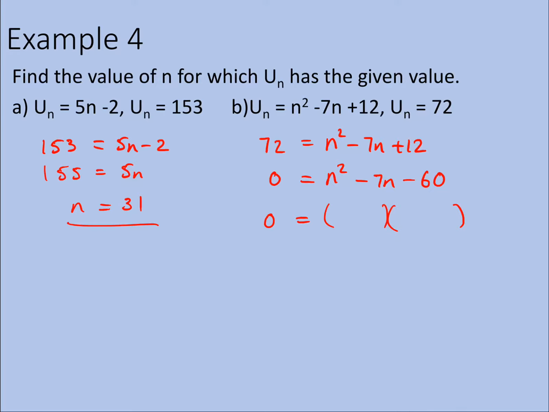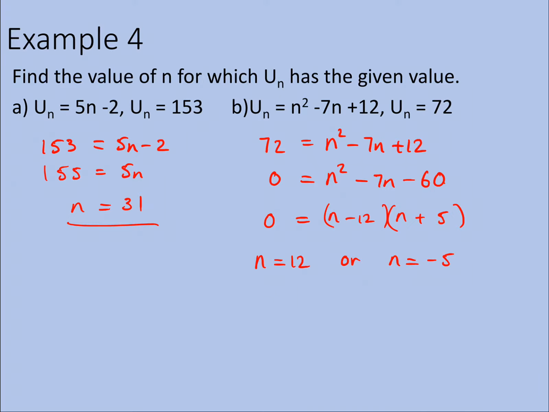We're looking for numbers that multiply to make negative 60 and add to make negative 7. And negative 12 and positive 5 will do the job there. Okay, so we've got that n equals 12 or n equals negative 5.